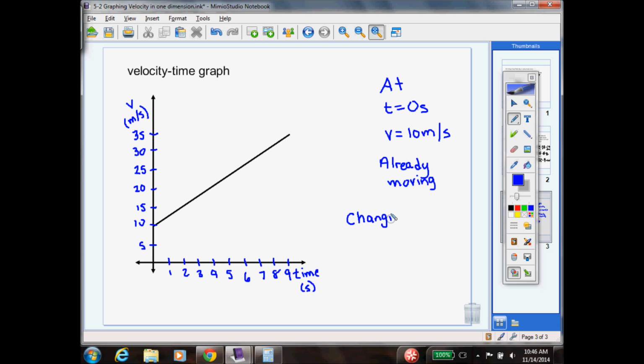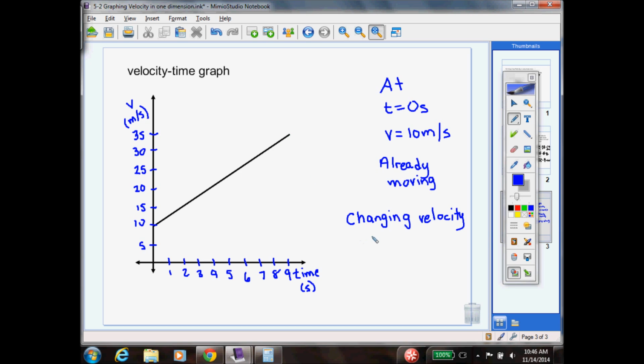Isn't that like a car going possibly 10 miles an hour? And what's happening is as the time is progressing, it's getting faster and faster and faster.